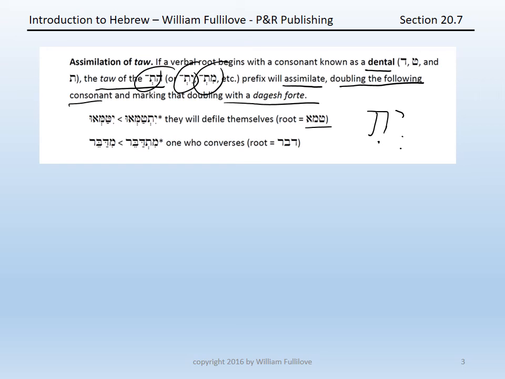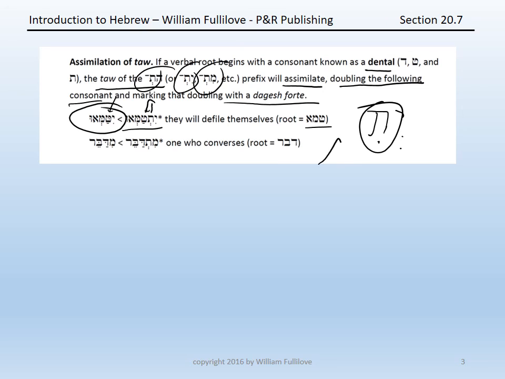So if one wished to add the prefix yit for a hit pa'el imperfect to the root tet mem aleph, you would expect yit tama'u, but in fact the tav assimilates into the tet. You get yit tama'u with a dagesh forte doubling the tet, telling you that there was once a tav of a hit pa'el prefix there.